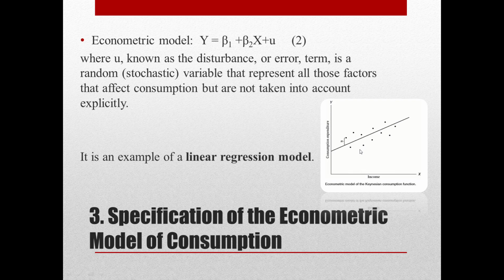These values show that there can be other factors, except income, that affect the consumption pattern of an individual. So this econometric consumption function implies that the dependent variable consumption is linearly related to the explanatory variable x, income, but the relationship between the two is not exact. That is, it is subject to individual variation. These are the individual variations you can see in this figure.